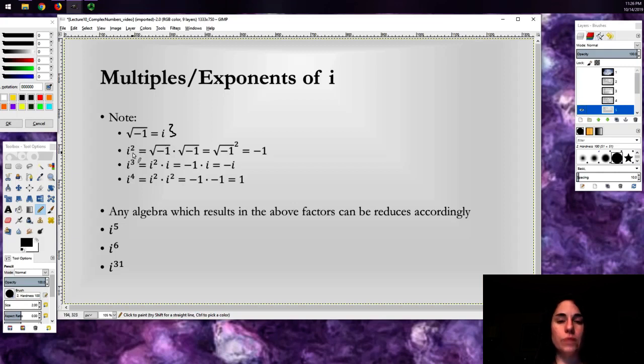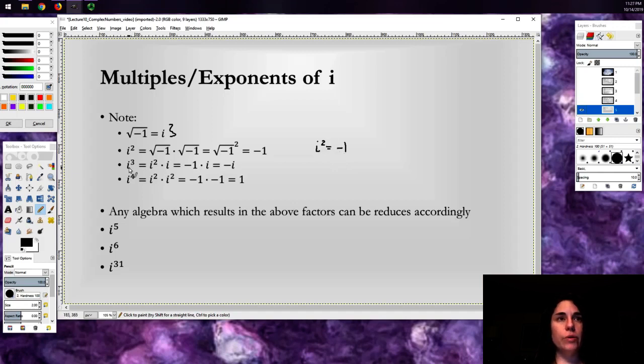If I think about i squared, I'm going to write down what I know. i squared is i times i. So i times i is the square root of negative 1 times the square root of negative 1. Let's be clever about this, though. The square root of negative 1 twice multiplied by each other is the square root of negative 1 squared, which is negative 1. So we can write out i squared equals negative 1.